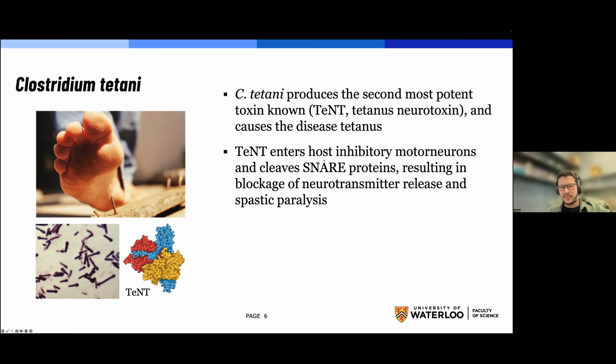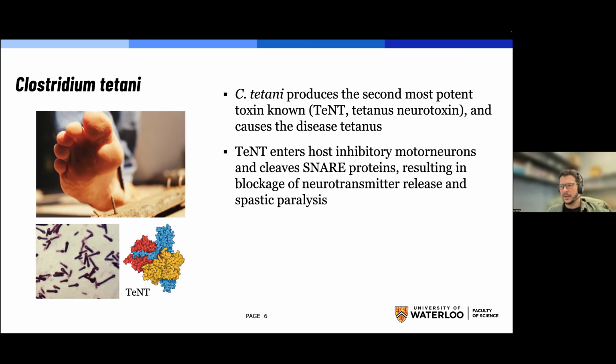Once it enters those neurons, it's able to proteolytically cleave specific proteins called SNAREs. This protease-mediated cleavage of SNARE proteins ends up inhibiting neurotransmitter release from these neurons, which results in spastic paralysis.